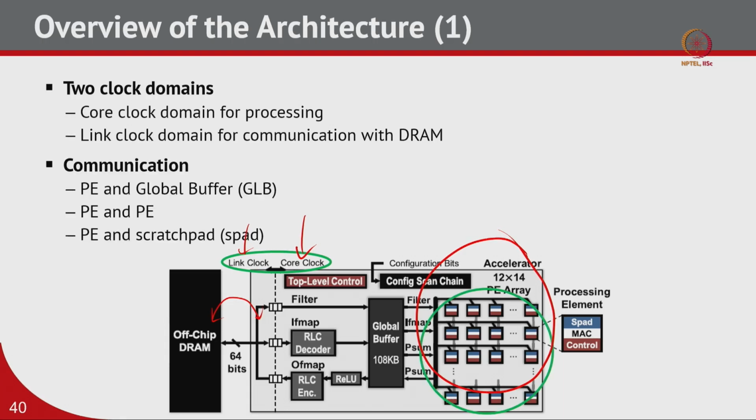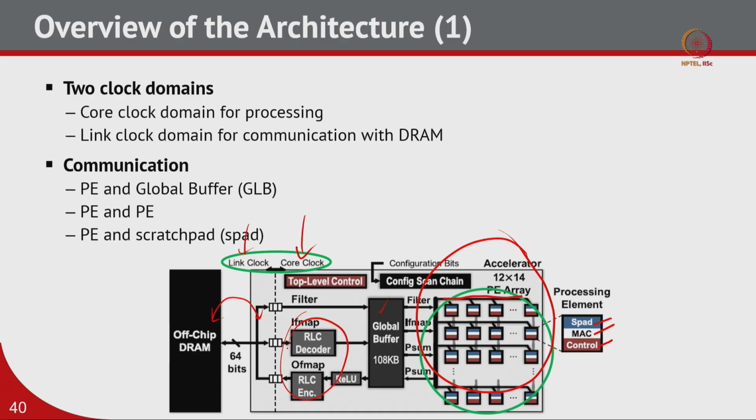We will go into the detail of the accelerator very soon, but at a very high level it has a 12 by 14 PE array. A PE is nothing but a processing element, with a scratch pad, a multiply-accumulate operation and some control. Apart from the PE array they have a global buffer, some top level control, and an encoder and decoder.